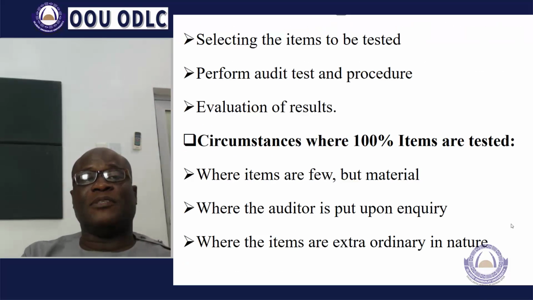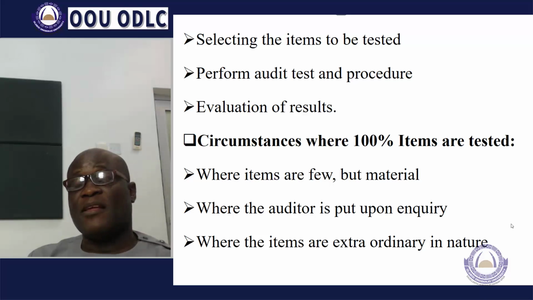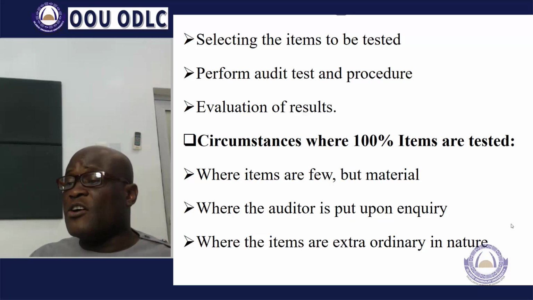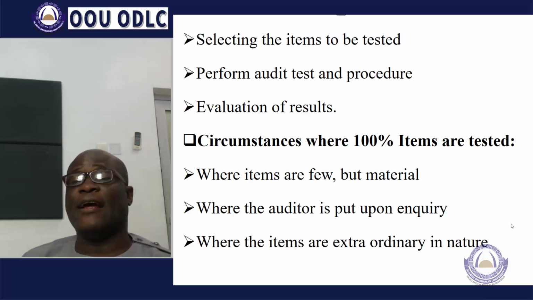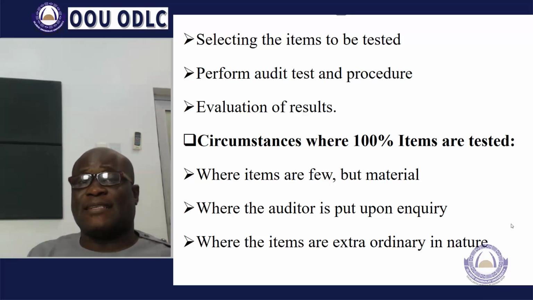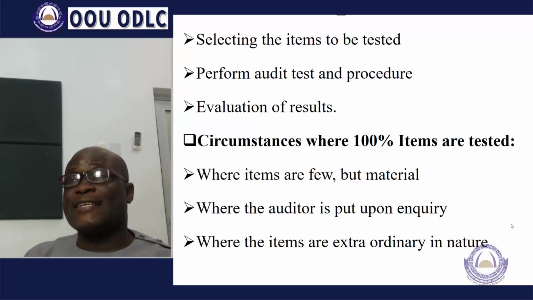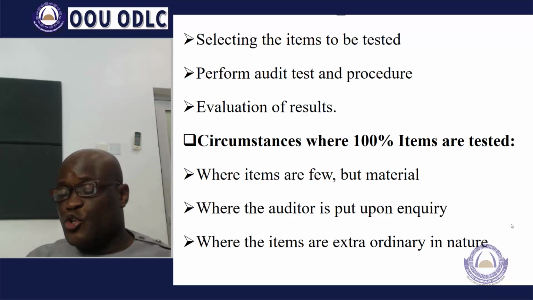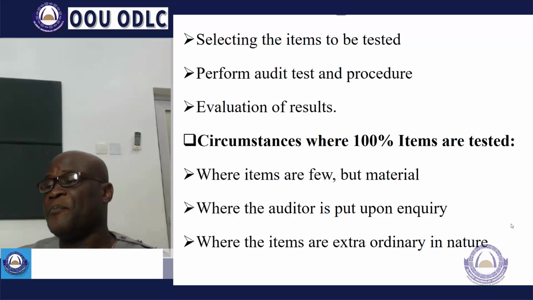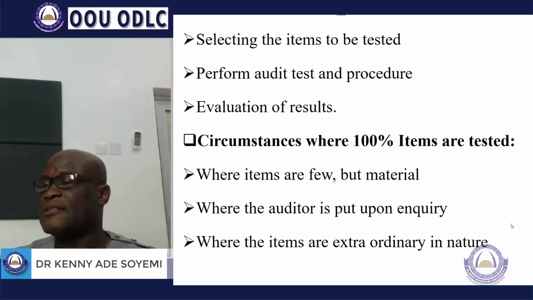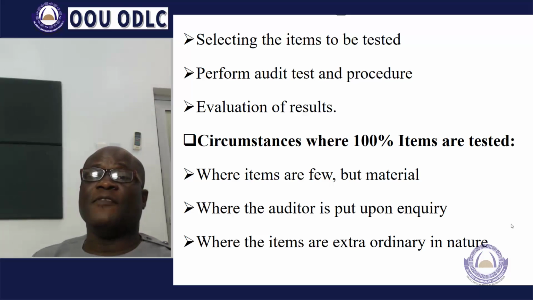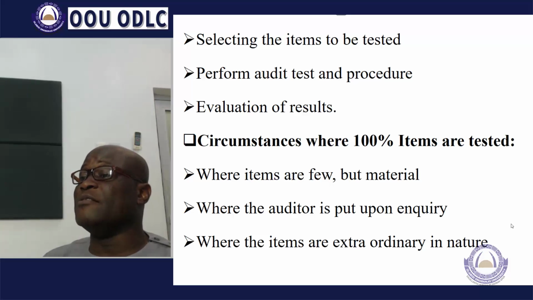After planning the sample, the next thing is to select the items, having given consideration to all that has been said earlier. Then you select the items to be tested, and having done that, you perform your audit tests and procedures. The tests that you seek to perform, you do to be able to gather sufficient and appropriate audit evidence. Very, very important.